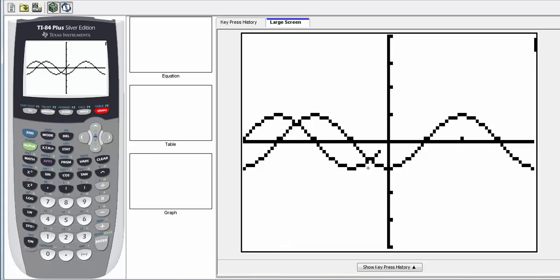Here's the original sine function, starting at the origin. We can see that this point from the origin has been moved over. This graph has been moved over pi over 2 units, because this point right here is pi over 2. So the origin where the sine function normally starts has now been moved to here. This is what we refer to as a phase shift, where the graph has been moved pi over 2 units to the right.